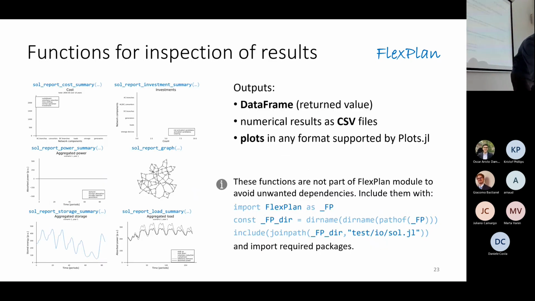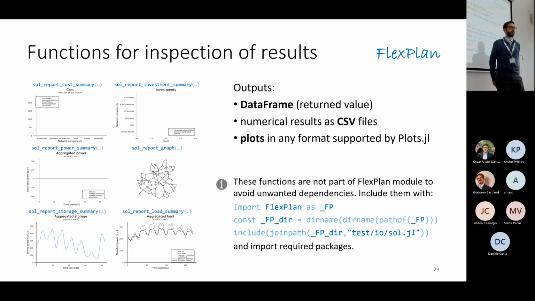One more thing, the FlexPlan package. Oh, sorry, there are some troubles with the visualization of the presentation. Anyway, the package includes several auxiliary functions for data reporting, graphs and plots that show summary statistics about the disaggregated costs, investment decisions, power profiles, and also a graph of the topology of the networks.